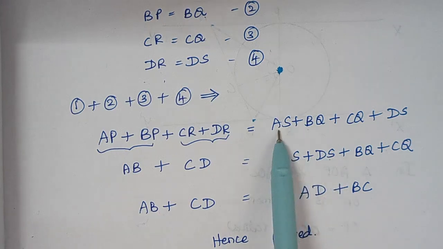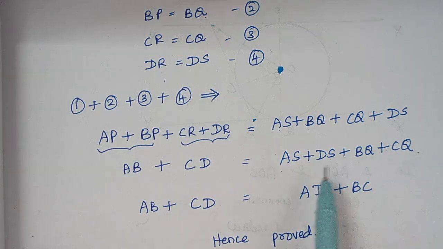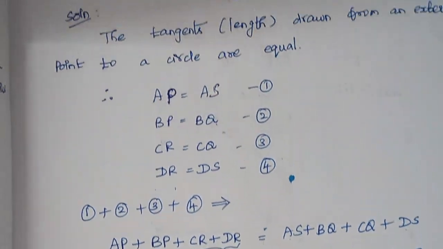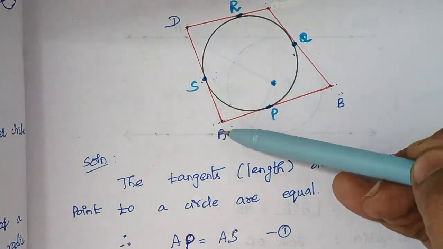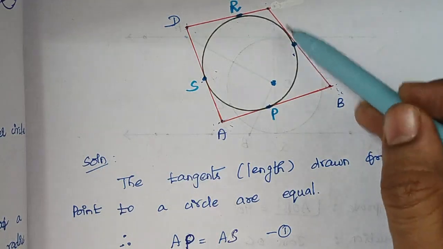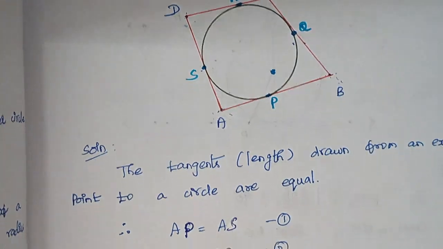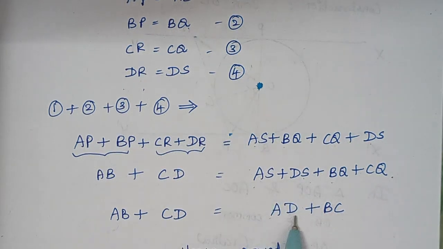That is, I am writing AS and DS together and BQ and CQ together. So AS plus DS is nothing but AD, and similarly BQ plus CQ is nothing but BC.